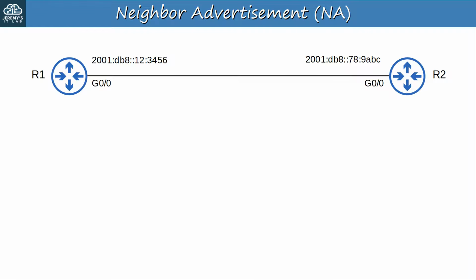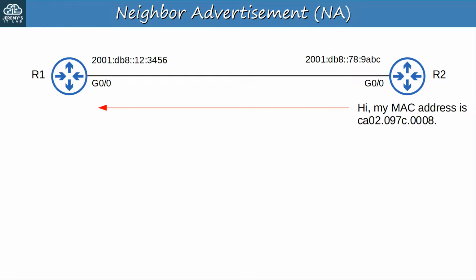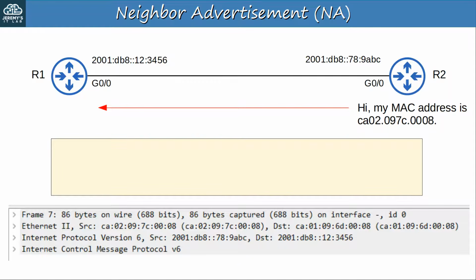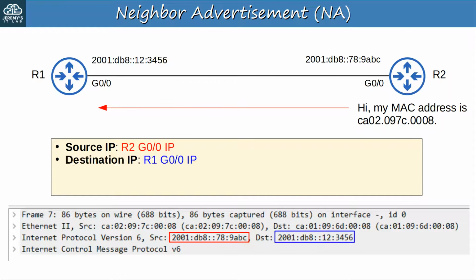Now let's see the neighbor advertisement message, the NDP equivalent of an ARP reply. R2 received a message from R1 asking for its MAC address. Basically, in response, R2 just teaches R1 its MAC address. So let's see the different addresses in the message. R2 will send the neighbor advertisement message using its G0/0 IP address as the source, and the destination will be R1's G0/0 IP address.